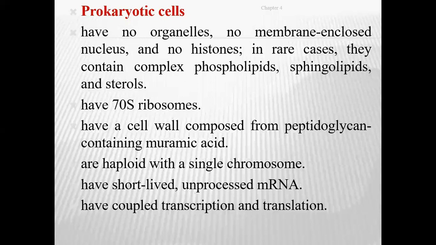So the mRNA is not processed, while in eukaryotic cells, the mRNA is processed by several mechanisms, including capping, polyadenylation, and splicing of introns. Also, they have coupled transcription and translation.